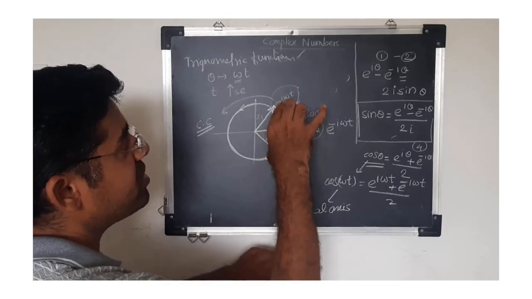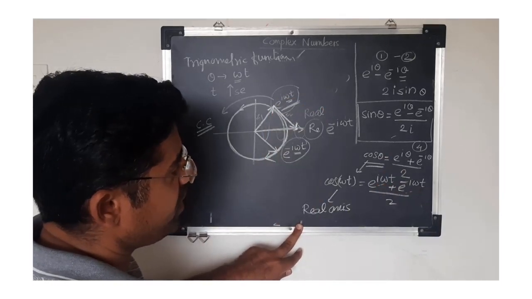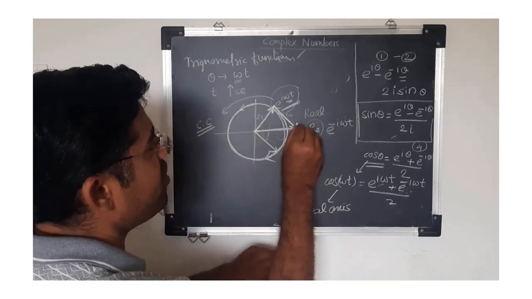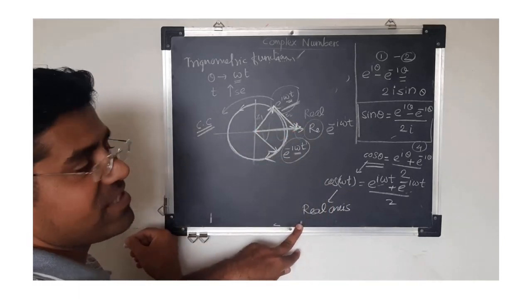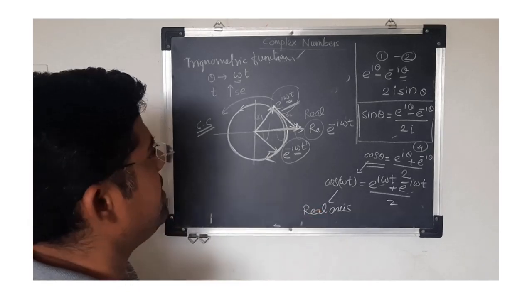When you add e raised to i omega t and e raised to minus i omega t, the oscillation always takes place along the real axis.